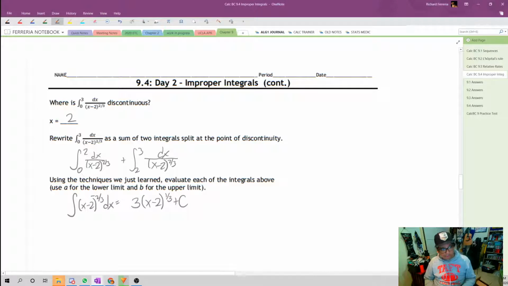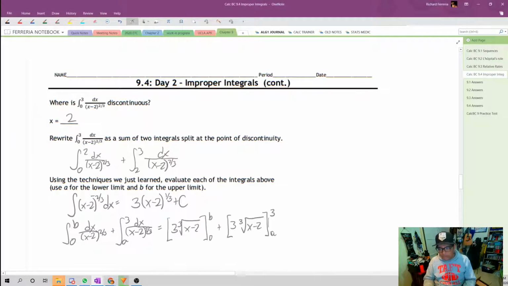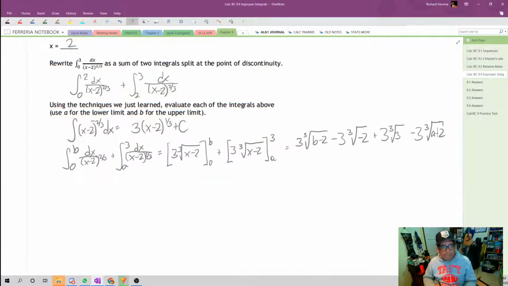That's going to help us greatly because now the integral from 0 to b plus the integral from a to 3 is going to be equal to our antiderivative from 0 to b plus our antiderivative from a to 3, which is 3 cube root of (b minus 2) minus 3 cube root of negative 2 plus 3 cube root of 3 minus 3 cube root of (a minus 2).